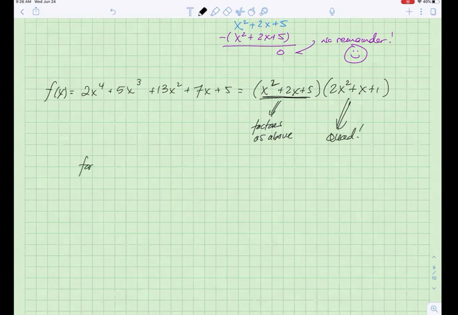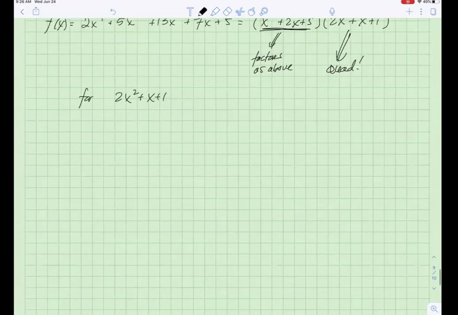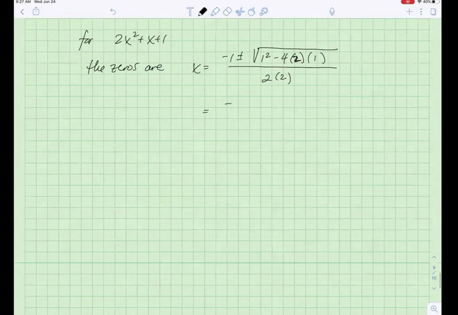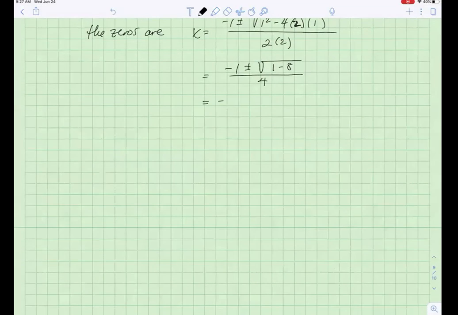For 2x squared plus x plus 1, the zeros are x equals -1 plus or minus the square root of 1 squared minus 4 times 2 times 1, all over 2 times 2, which is -1 plus or minus the square root of 1 minus 8, yikes, over 4, which is -1/4 plus or minus the square root of -7 over 4, or -1/4 plus or minus root 7 over 4 i.